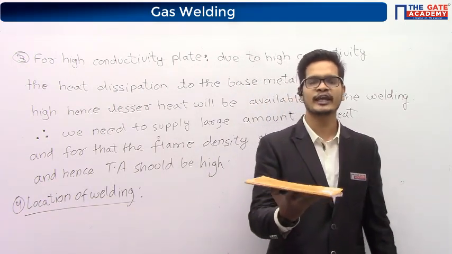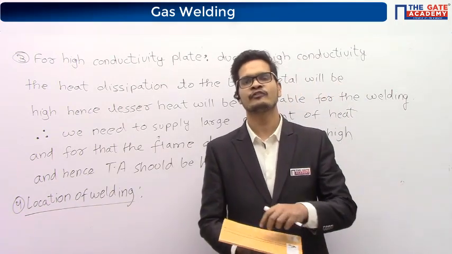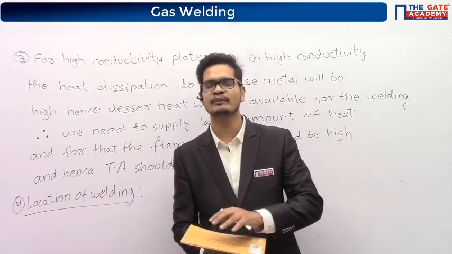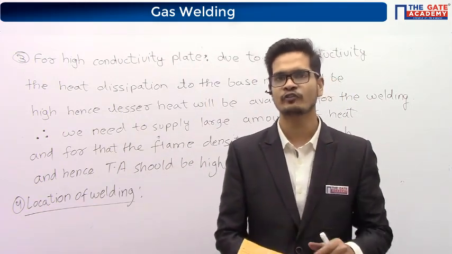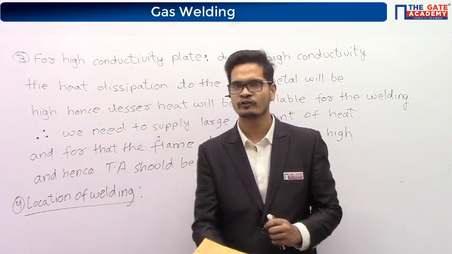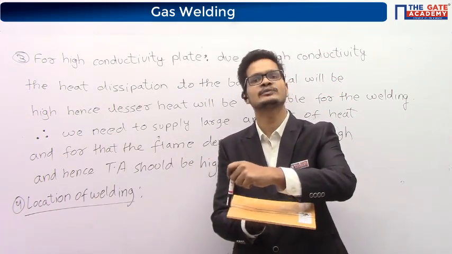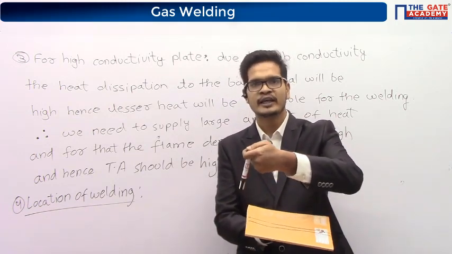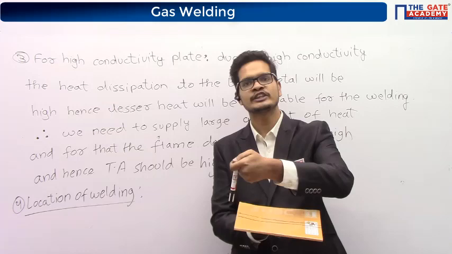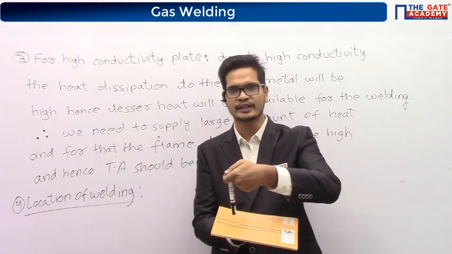As of now the plates are at room temperature, and to bring them to the melting point temperature, we'll have to supply a large amount of heat. Hence, initially we'll keep the torch angle high.